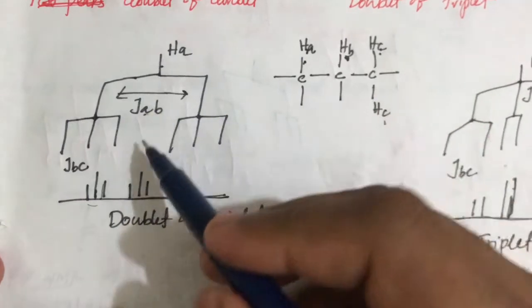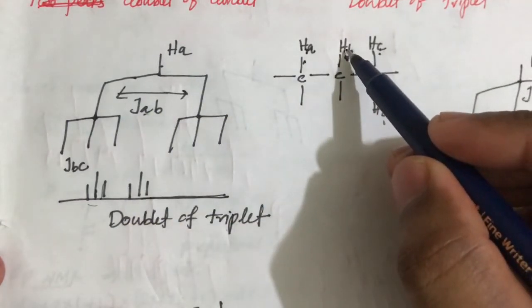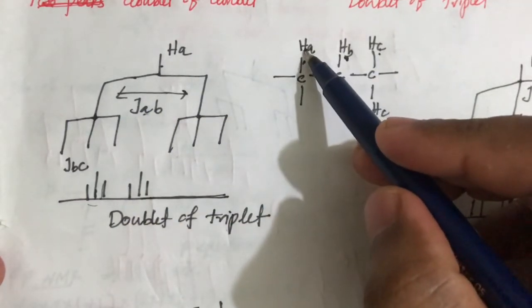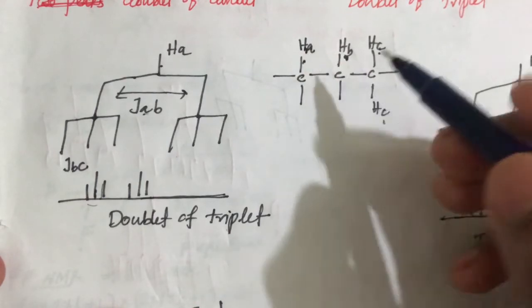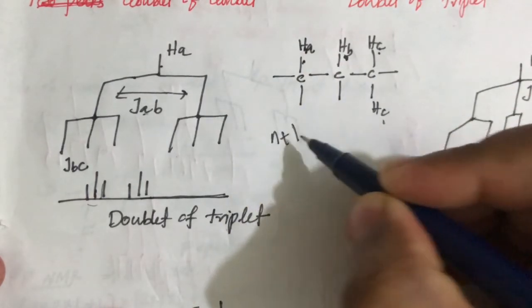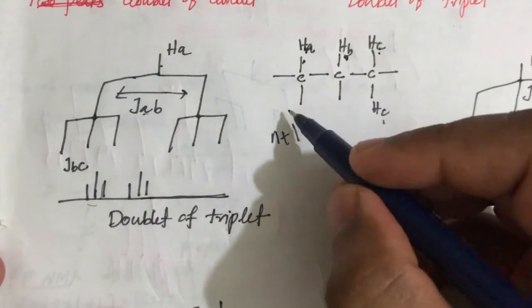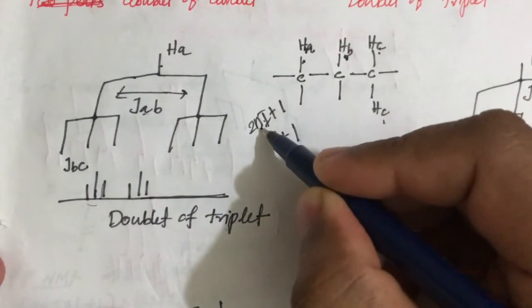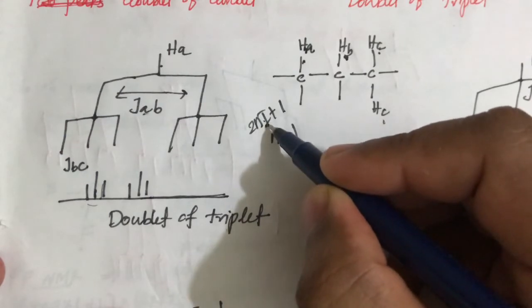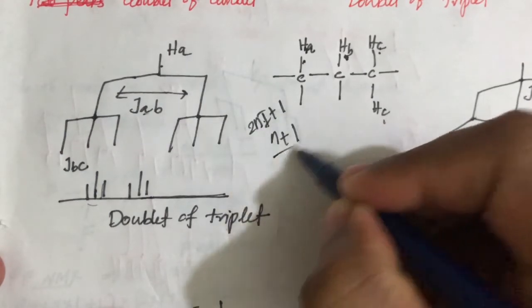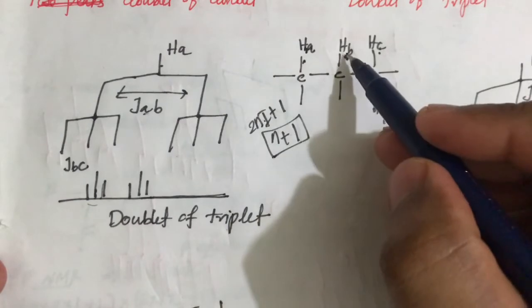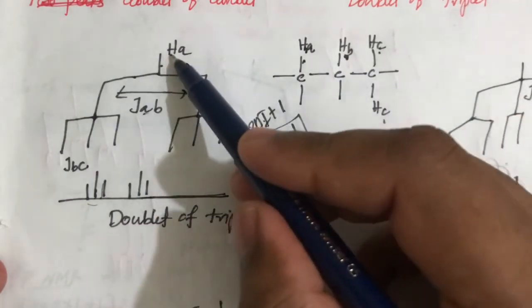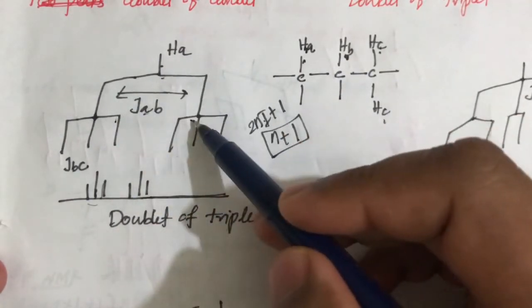Due to the presence of one proton, its signal splits into 2, in accordance with 2nI plus 1. Here for proton, I having half value, so it is reduced to n plus 1. So we have only one proton, so HA splits into 2, right?